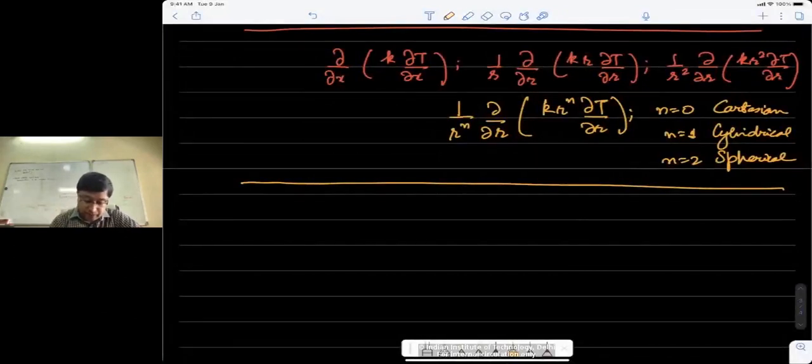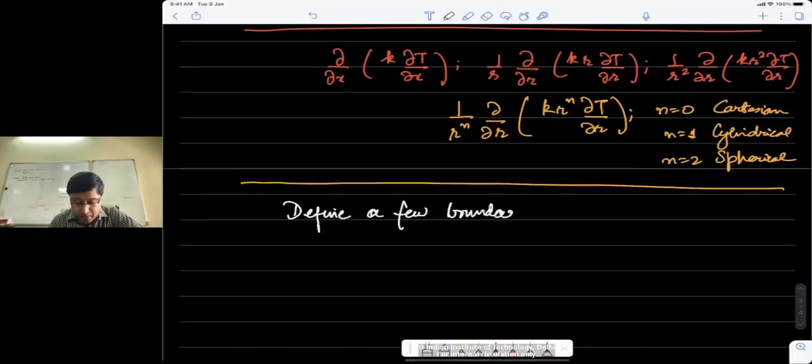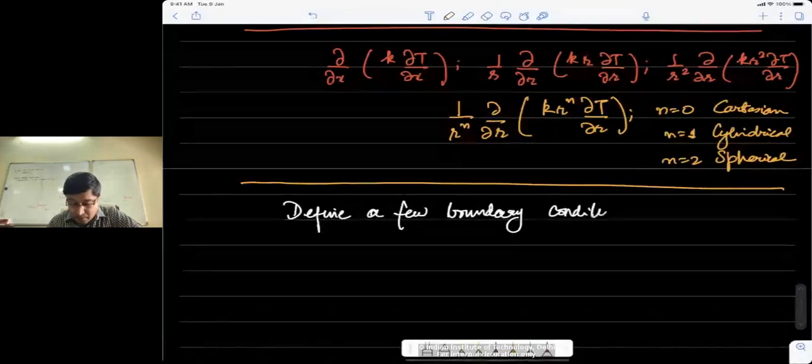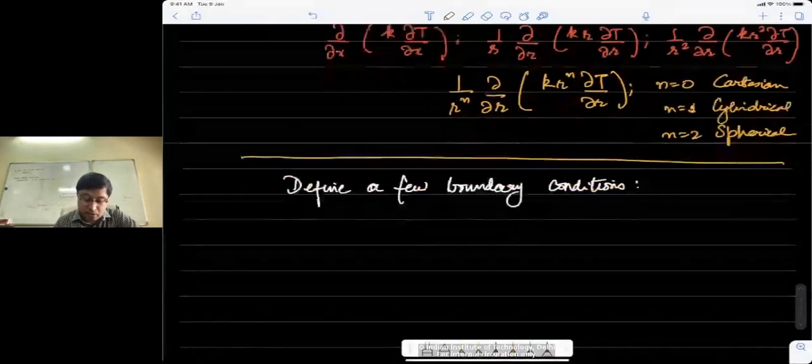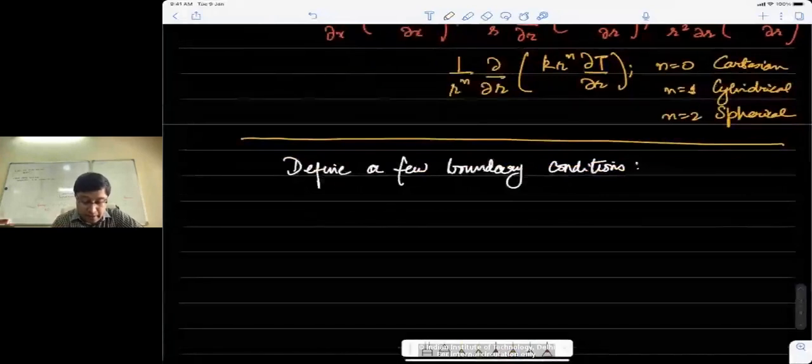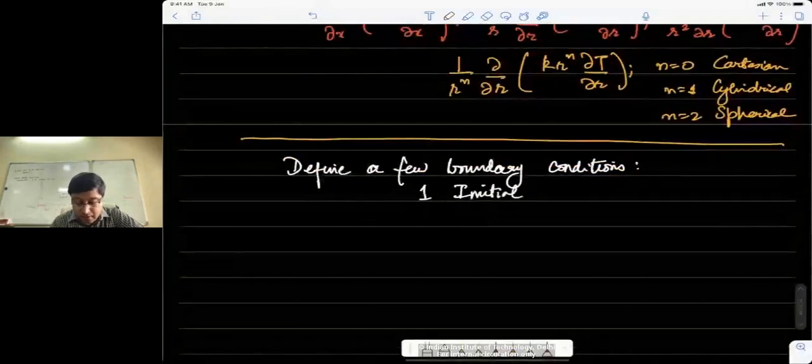So we need to define for each problem a few boundary conditions. And by boundary conditions, I also mean initial condition, because that's also a boundary condition in time. We need one initial condition to solve these equations, because the problem is first order in time.